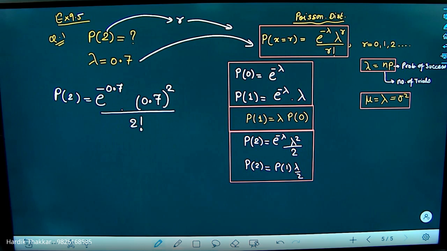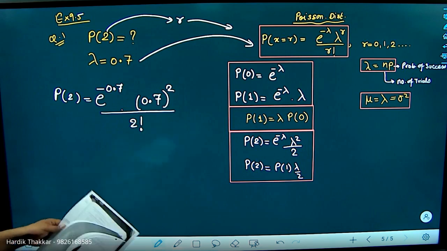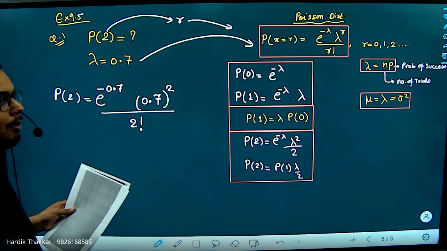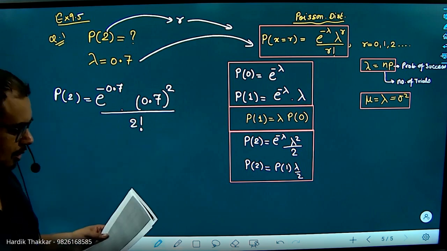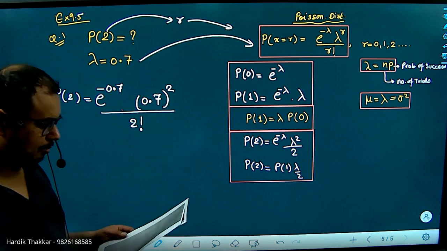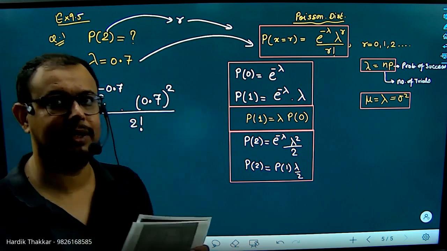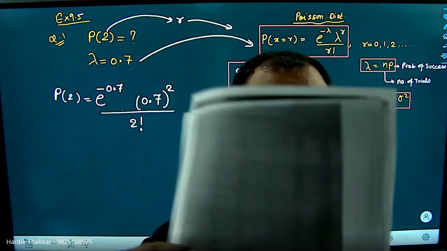Now, in your book, in the last few pages, you can find the appendix. There is a table given in which the value of e raised to power minus lambda is given. I don't know the exact page number, but in the last appendix you can find the heading like this: e raised to power minus lambda.